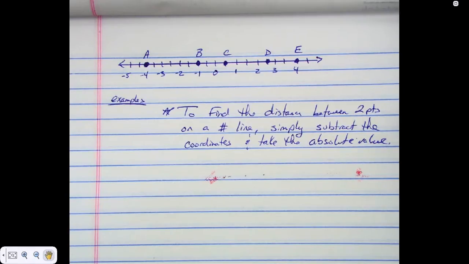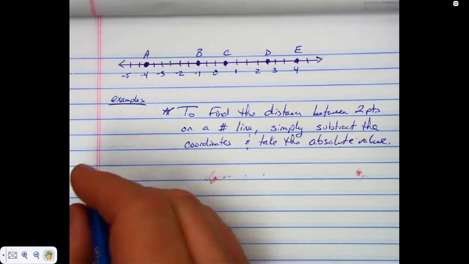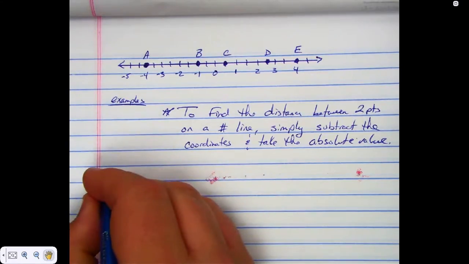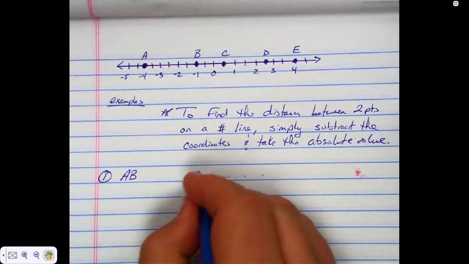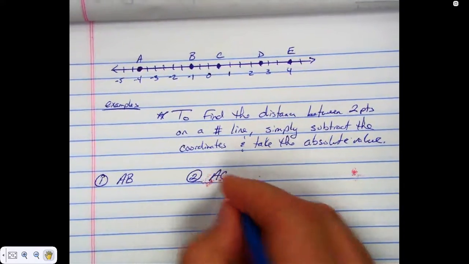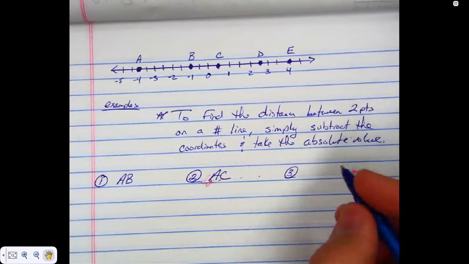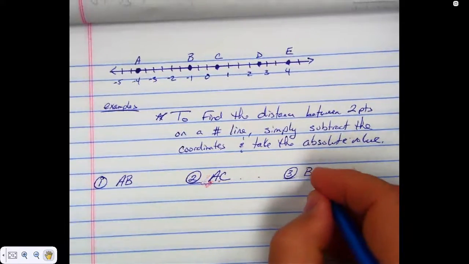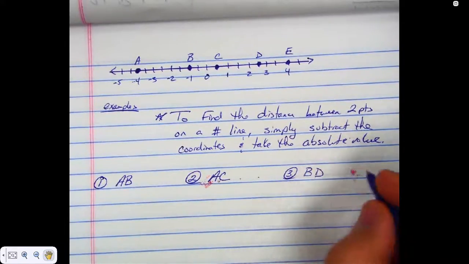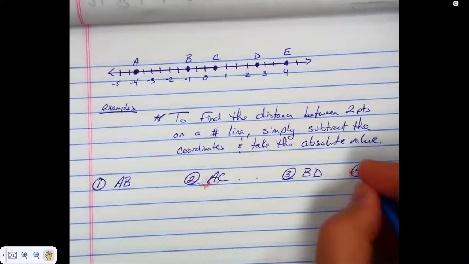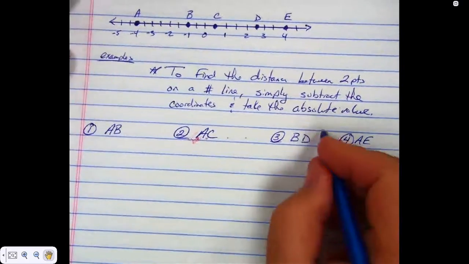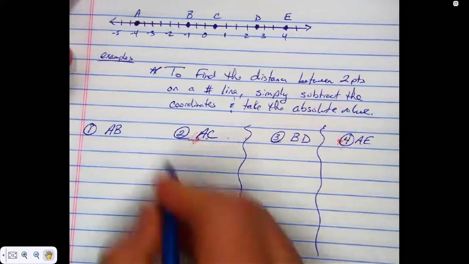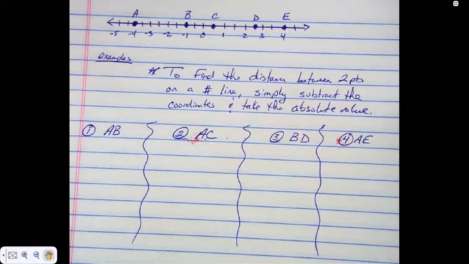So what we're going to do is your examples, we're going to find all of these. If you wonder why I'm writing them the way I'm writing them, why did I make a big deal that when you talk about segment AB, you put a segment above it?